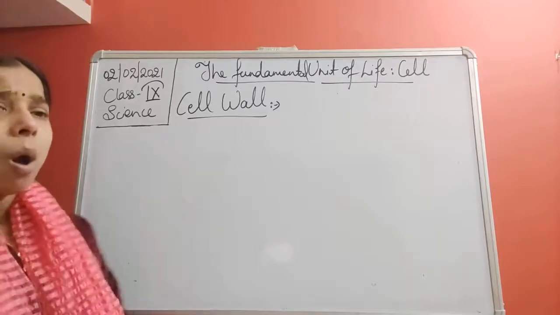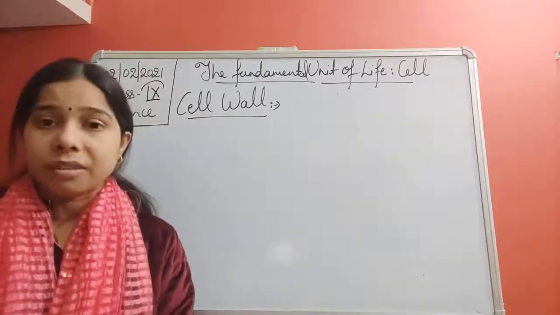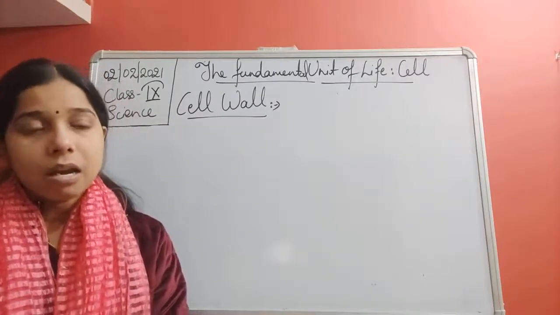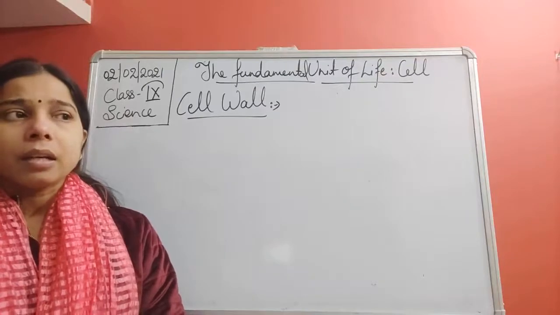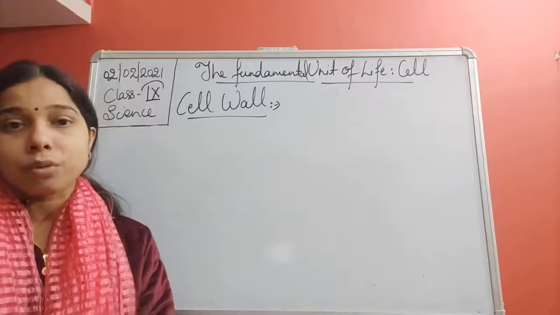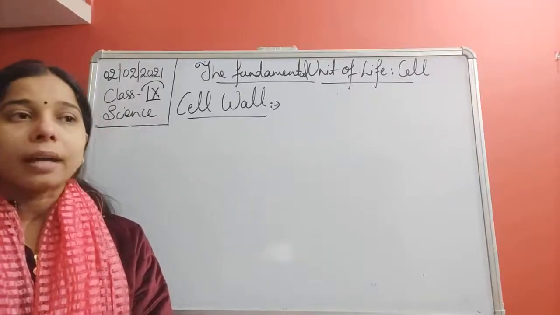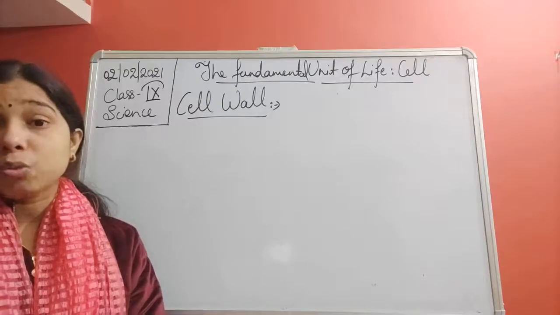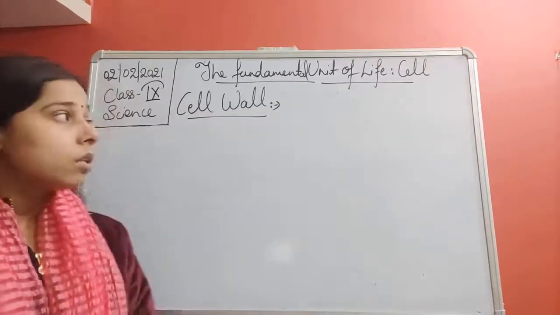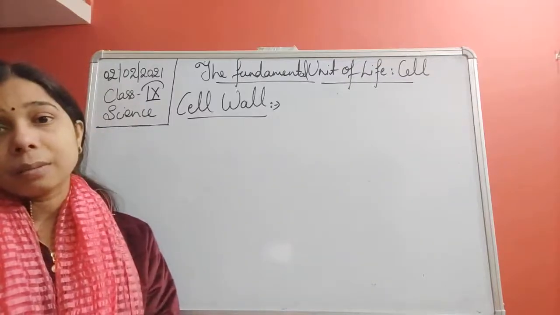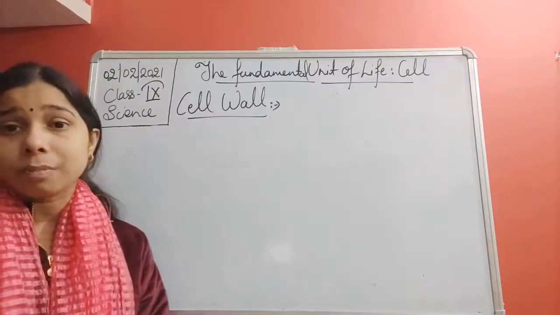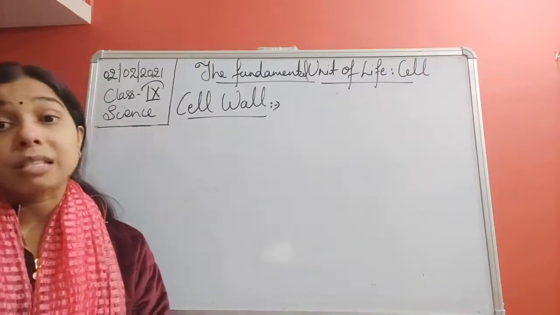Now, when we talk about the discovery of the cell, students, we always say that it is Robert Hooke who saw the cell first. He saw this small little room in a thin slice of cork, and he gave it the name cell because it looks like a small room or compartment. So basically the first cell discovered by Robert Hooke, what he saw under his microscope, was nothing but the cell wall.